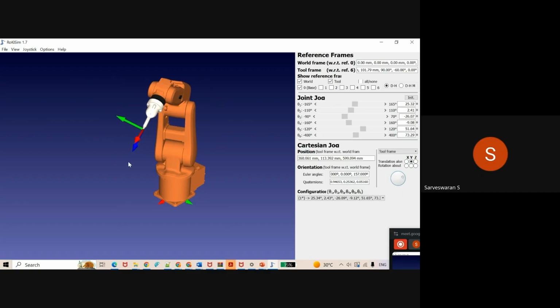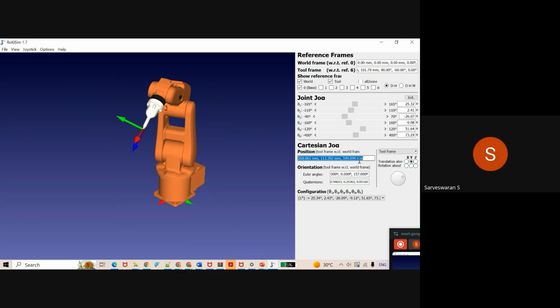So when you look at here, this is the initial position. Suppose you take this term position. So 360, 113, 599. This is your position, which will be determined based on the transformation matrix.